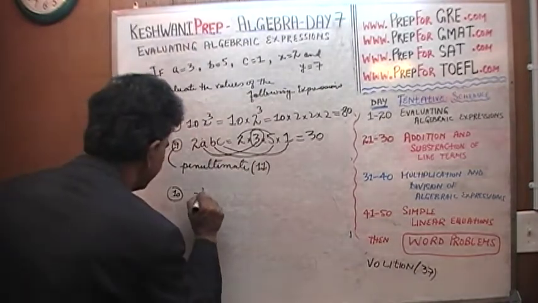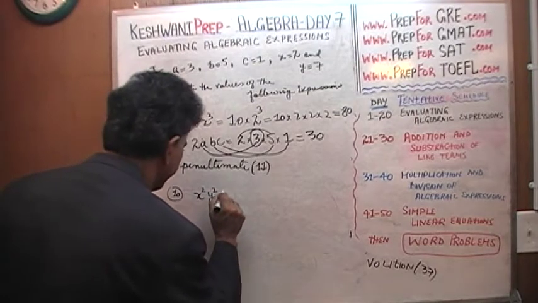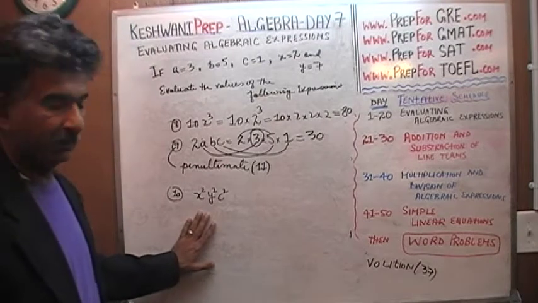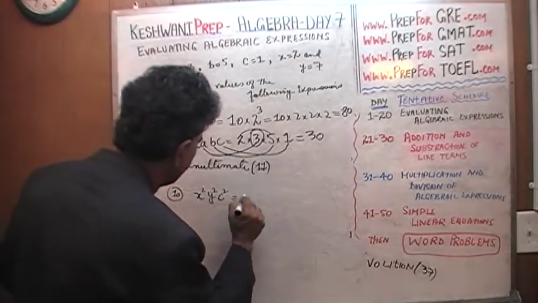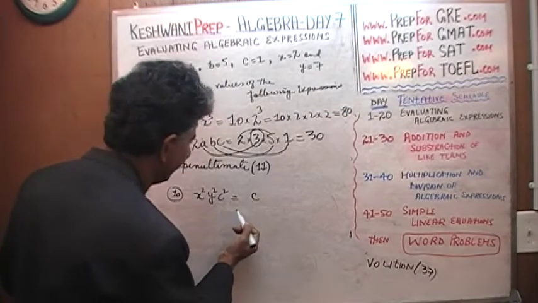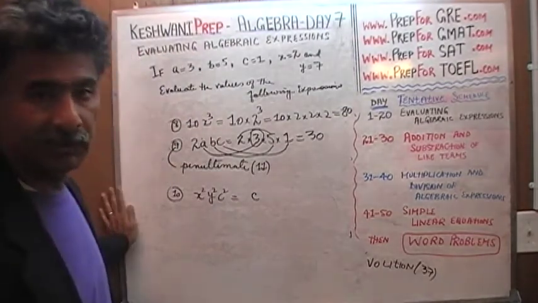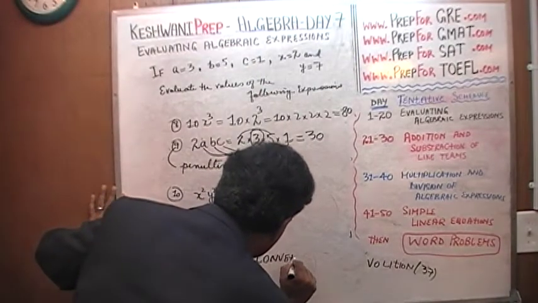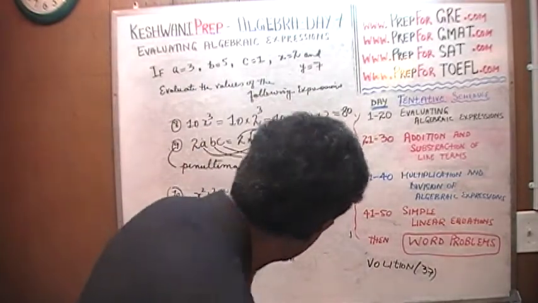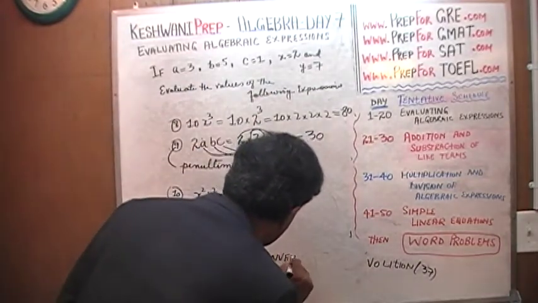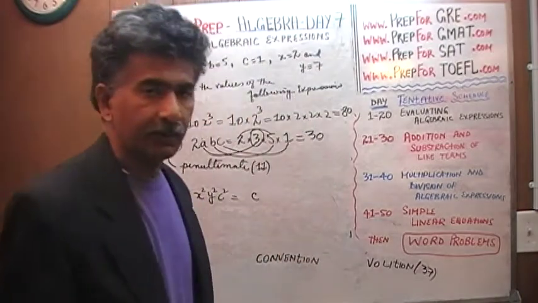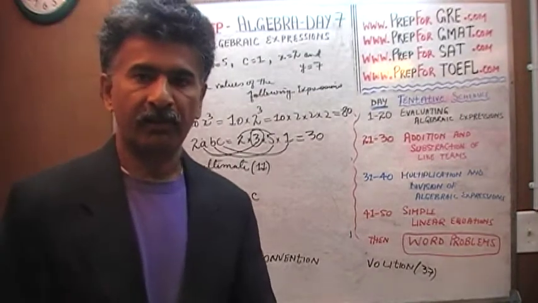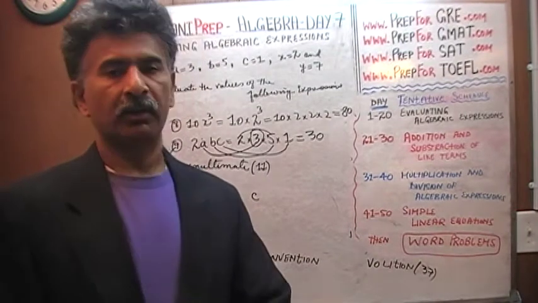Number 10 is x squared times y squared times c squared. Before we actually evaluate the value of it, how else could this be written? This could have been written as, first of all, c should go first because this comes first in the alphabetical order, and that's what the convention dictates. Convention dictates that you always write the variable in an algebraic expression in alphabetical order.